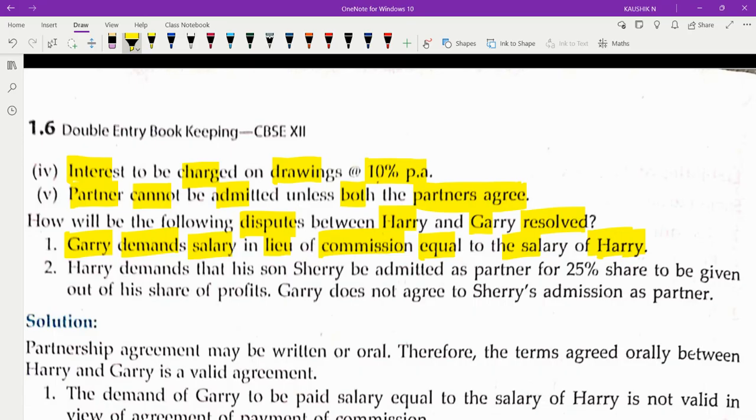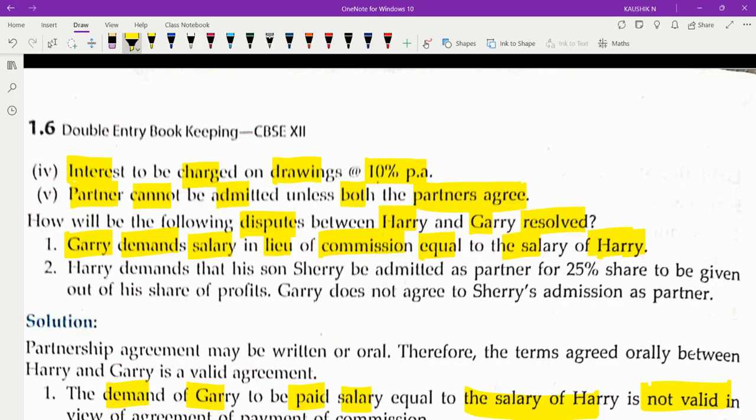Because as per the deed, what is permissible? Commission only is permissible to him. Salary is not acceptable for him. So that you'll record: the demand of Gary for payment of salary equal to the salary of Harry is not valid.